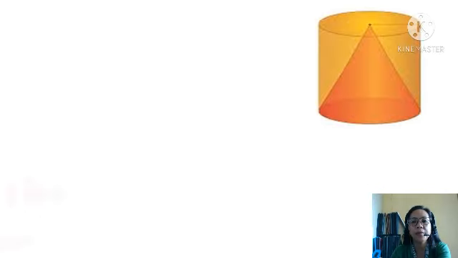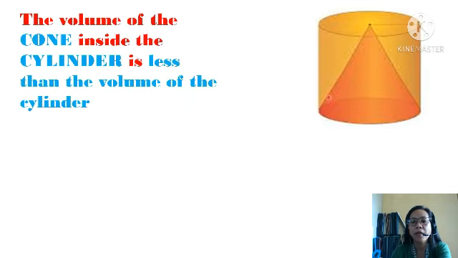Now look at this one. If you notice, there is a cone inside the cylinder. The circular bases are the same size, and the cone and the cylinder are equally tall. So their heights must be the same, and the measures of their bases must also be the same.